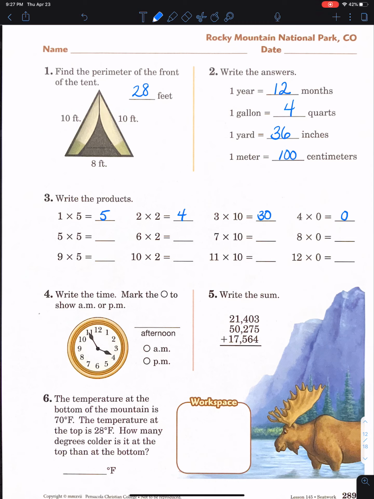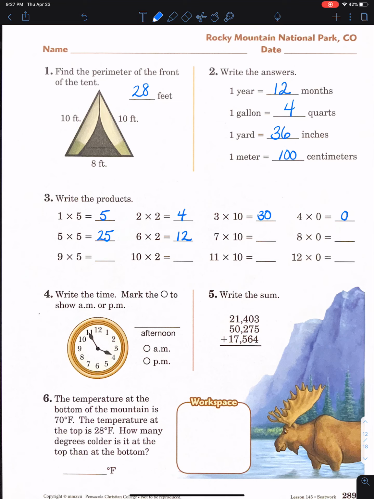For our multiplication by 5s, we have to just remember to count by 5s. 5 times 5 is 25. 6 times 2, or 6 groups of 2. 12.